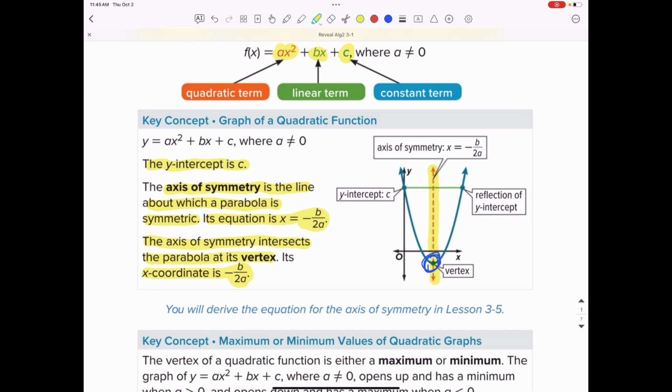That's just the x value of the vertex, but to find the y value of the vertex, you would plug it back in to the original problem, which again is back up here, and that will give you the y value of the vertex. And then from that point, we could use the 1-3-5 rule that we've referred to in a previous lesson to graph the parabola.